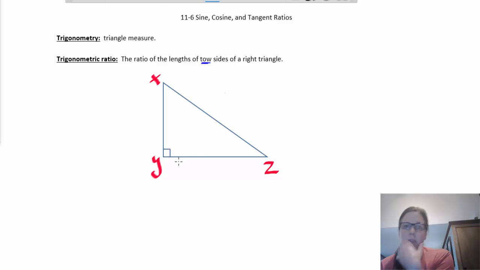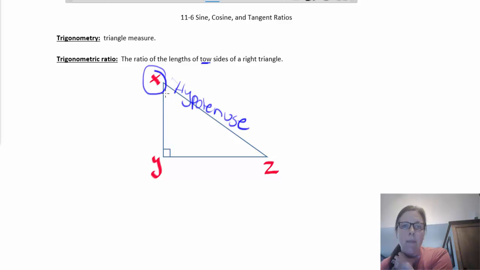Okay, 2 sides of a right triangle. The biggest thing we want to know here is you have to know that across from the right angle is the hypotenuse. Okay, and if we are dealing with angle X, then you need to know that right across from angle X is opposite, and the side next to angle X, or the leg next to angle X, is adjacent.